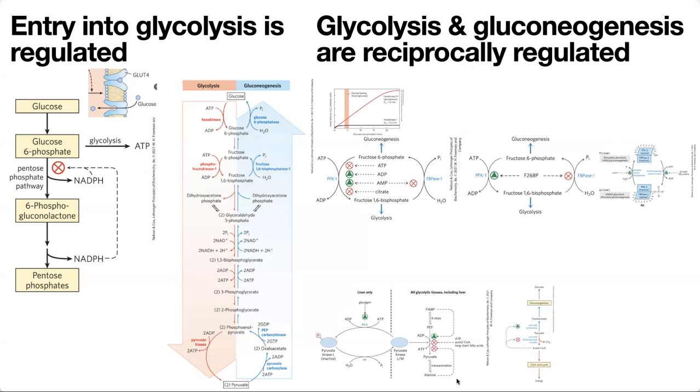We also saw how long-chain fatty acids, such as our palmitoyl, such as that palmitate we made, can actually inhibit pyruvate kinase. Remember, pyruvate kinase was taking our phosphoenolpyruvate to pyruvate in the process of glycolysis. So we would want to inhibit it.